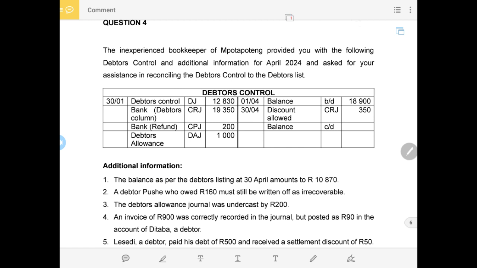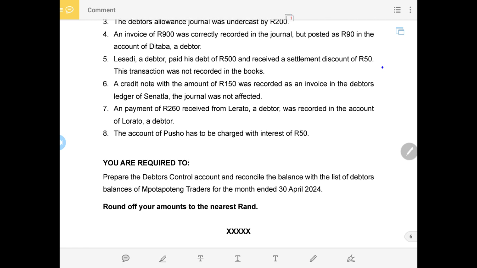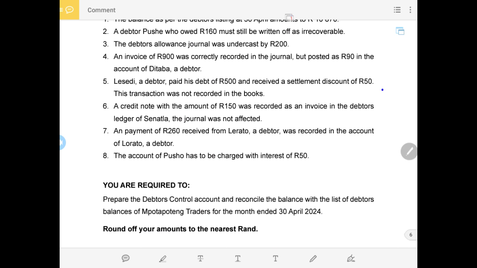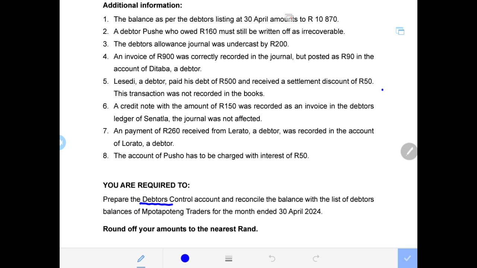Then now we have to go straight to the requirements to see what we are required to do.